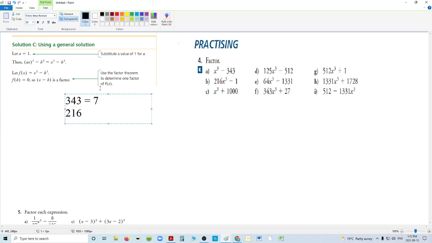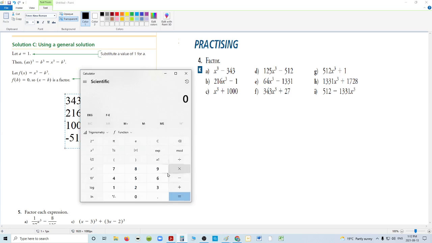We already did 216. I think it was 6, right? 1,000's cube root is 10. 125 is 5. Minus 512 is equal to, what is 512? 8. Interesting one.